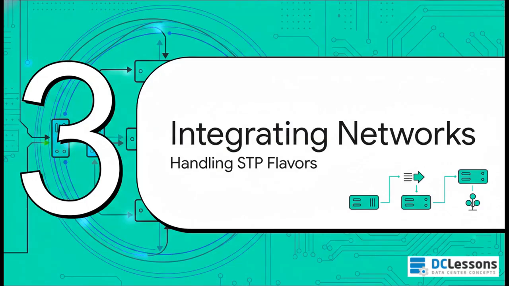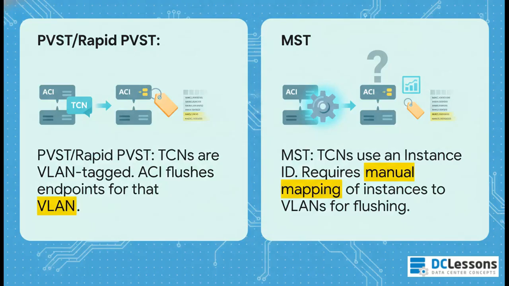Okay, so now that we've got the theory down, let's see how this works in the messy real world. Because we have to deal with different flavors of Spanning Tree, and as you're about to see, ACI doesn't treat them all exactly the same. So, when something changes in the external network, like a link goes down, it sends out a topology change notification, or a TCN. It's a signal that paths have changed.